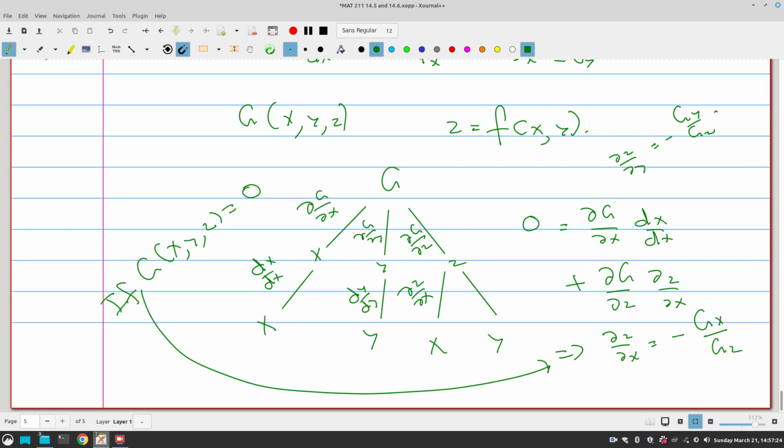If you differentiate both sides with respect to x or y, one side is going to give you 0 and the other side is going to give you this. That's how you get negative g_x over g_z or negative g_y over g_z.